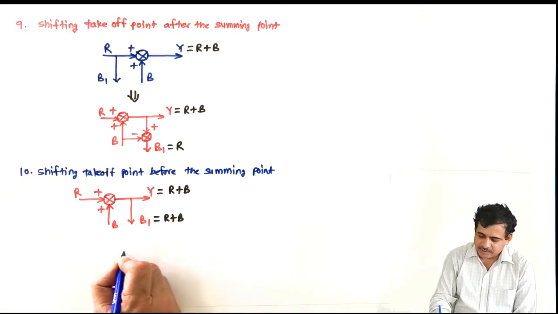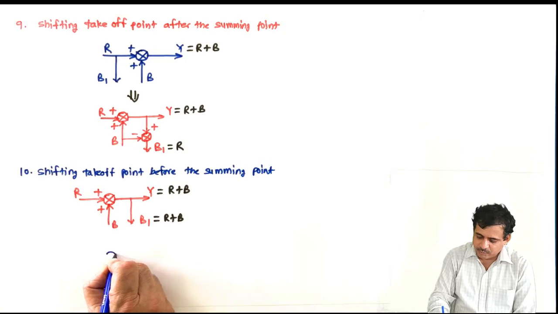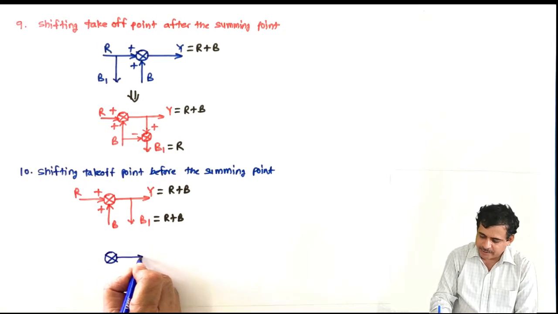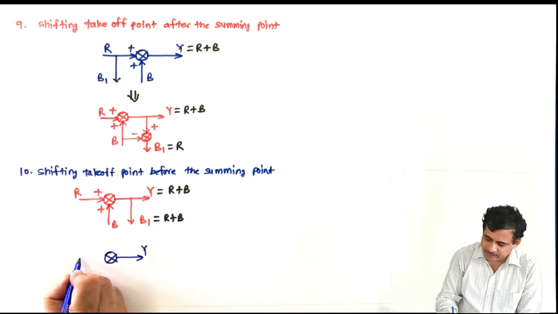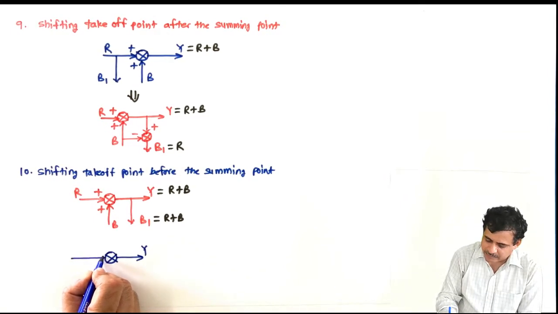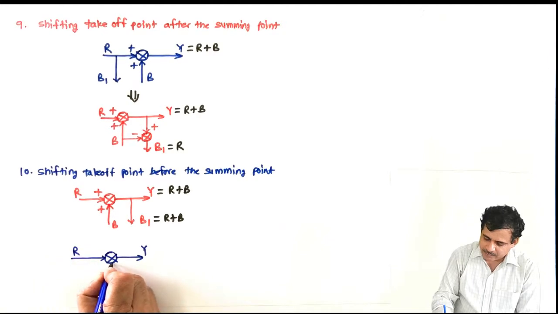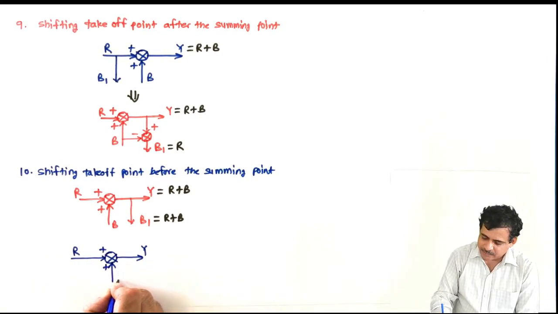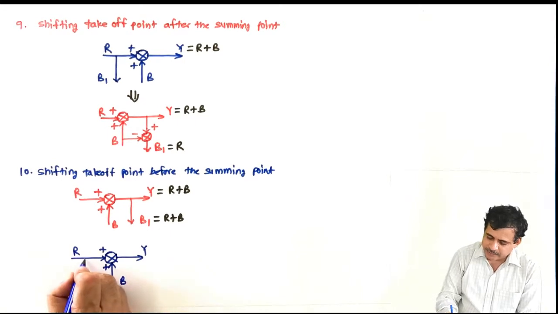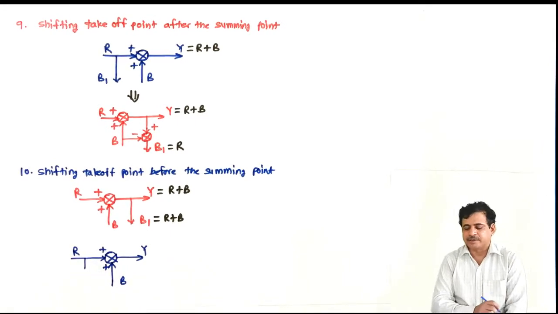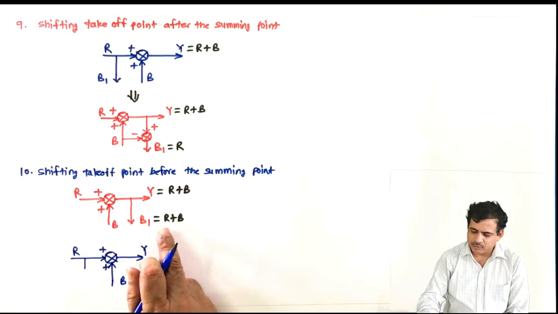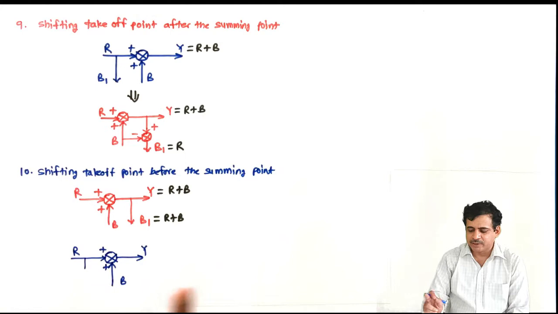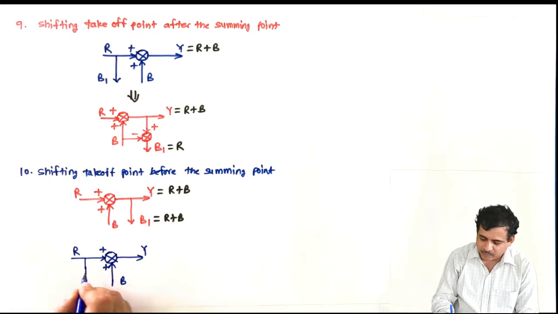Means what we will do? We will have here a summing point, and this is Y, and this is R. This be B plus plus, and here from this I will take the takeoff point. So now actually I wanted B1 to be R plus B, but here I am getting it R. So we need to add B. So how to add B?